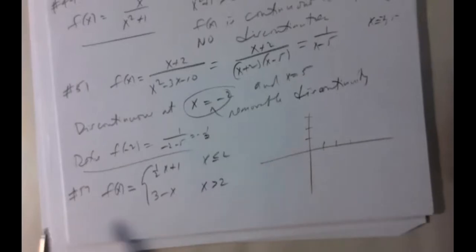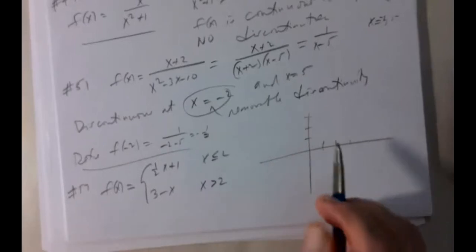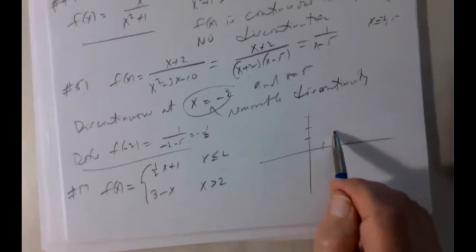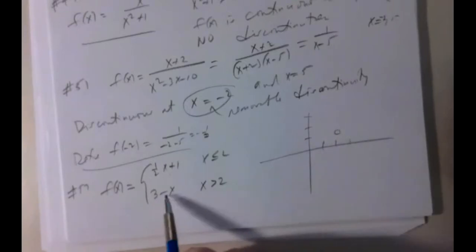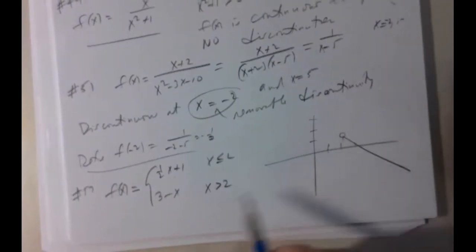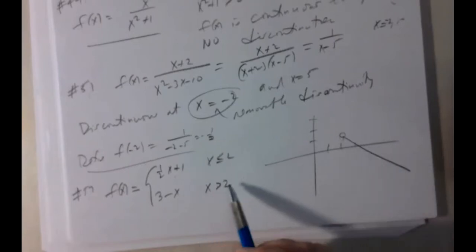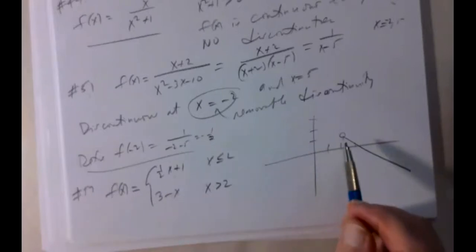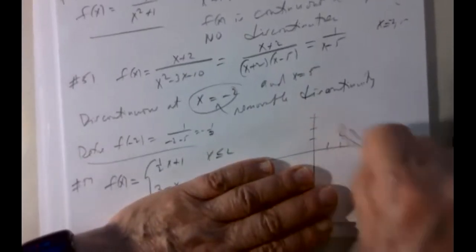What does the graph of this function look like? When x is greater than 2, this is just a straight line with slope minus 1. When x is less than or equal to 2, this is a straight line. Oops, I didn't draw this properly. Let me draw this better.